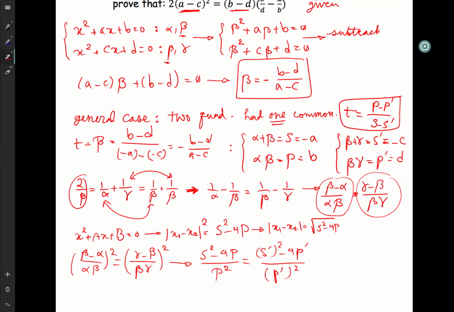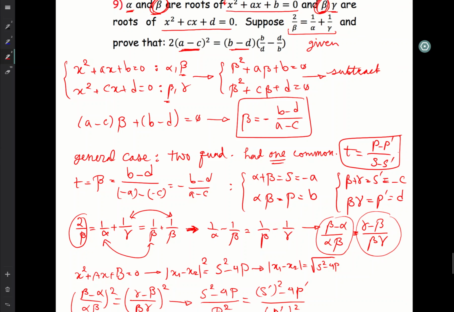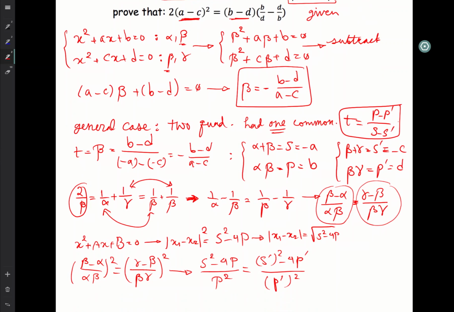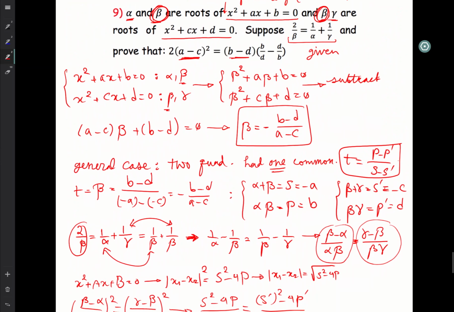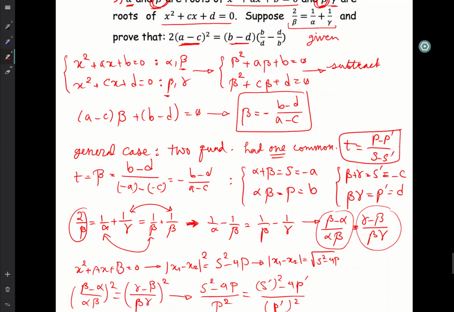All right, let's see what we're having here. S squared. Now what we need to get at is, we have to bring out a minus c, b minus d.